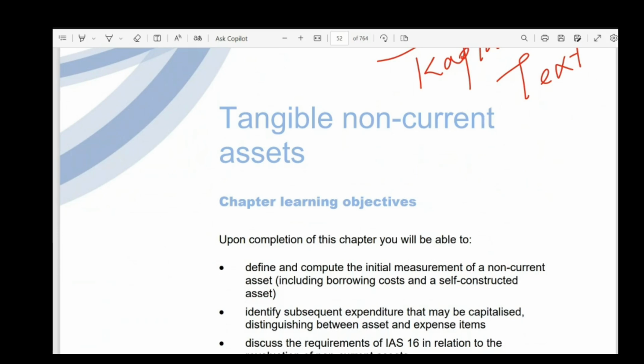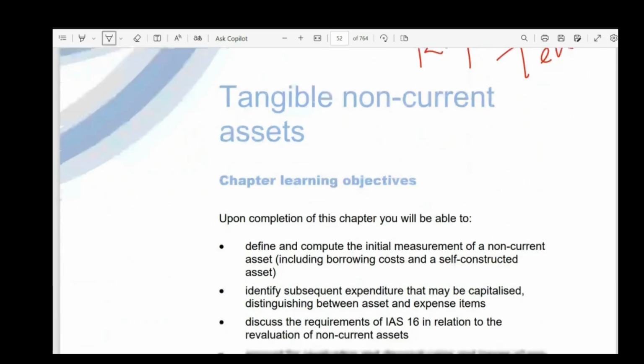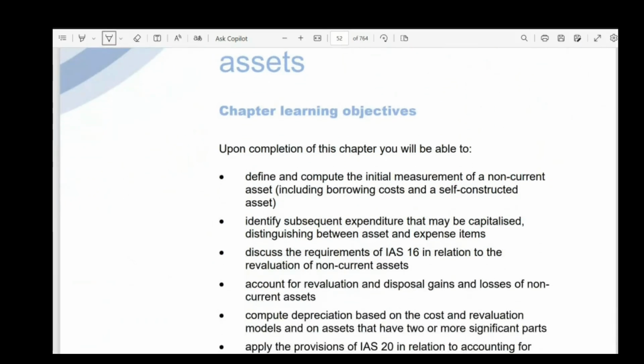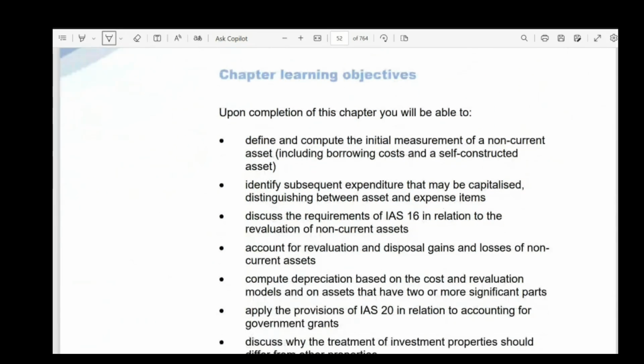According to the definition, anything which we can convert within less than 1 year is considered a current asset. Any item which we cannot convert into cash within 1 year comes under non-current assets.